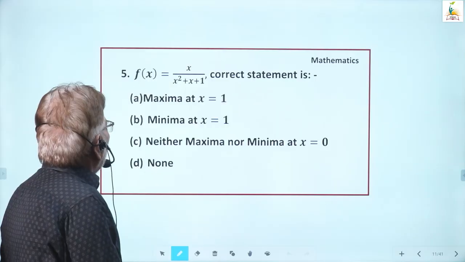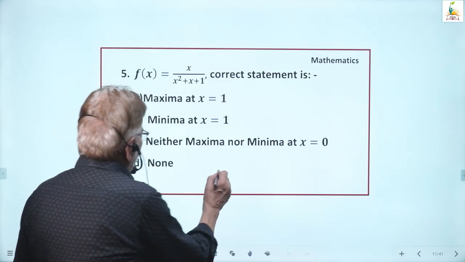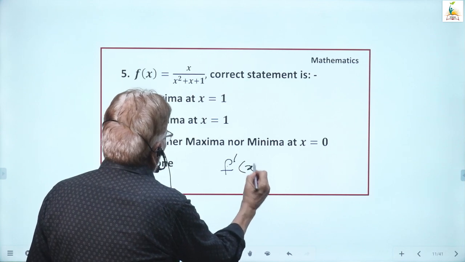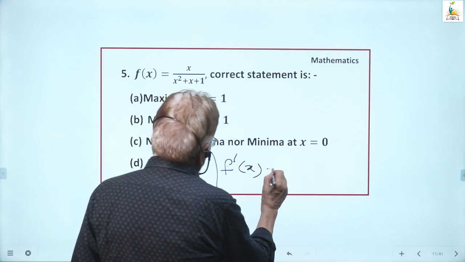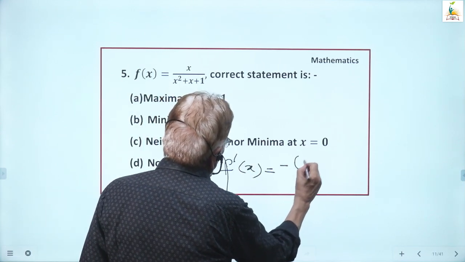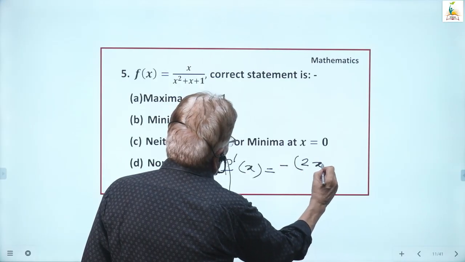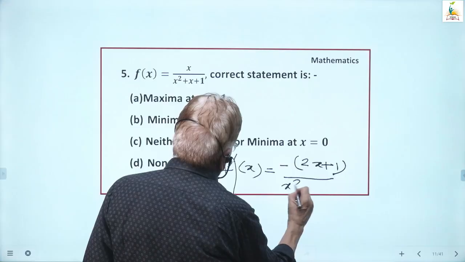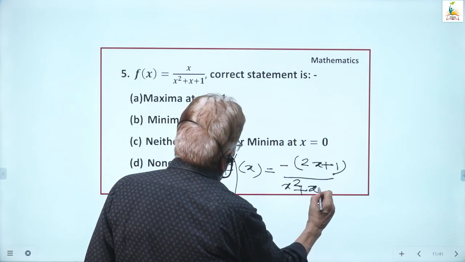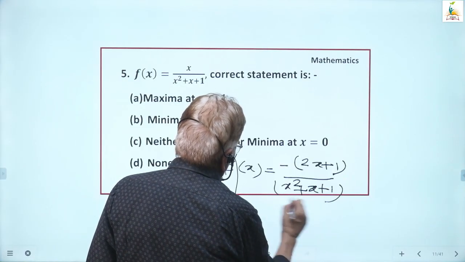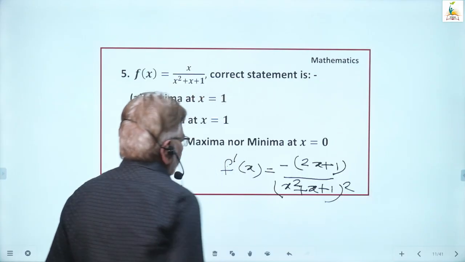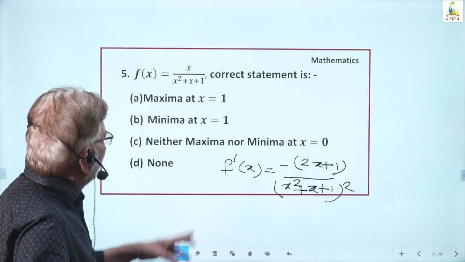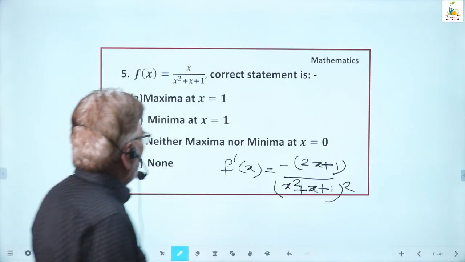So if I take f dash x, this will be minus (2x plus 1) upon (x square plus x plus 1) whole square. So f dash half will be 0.